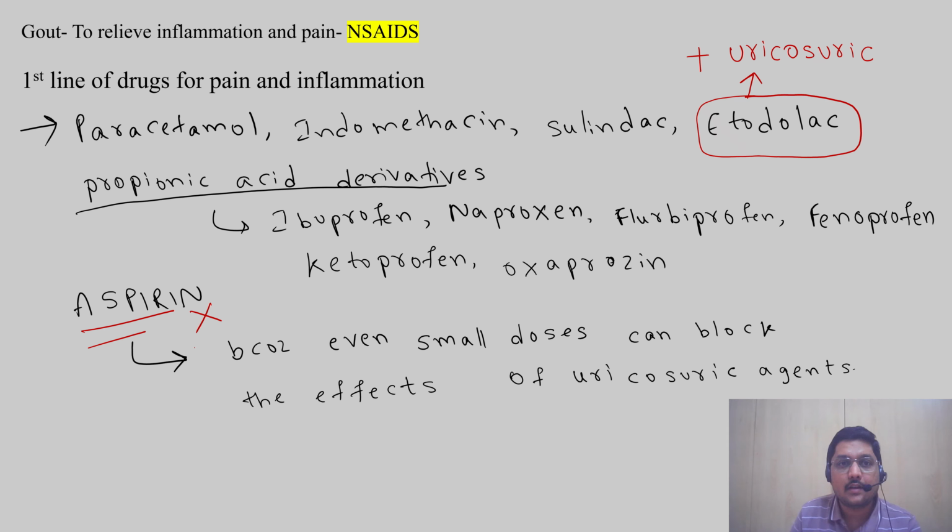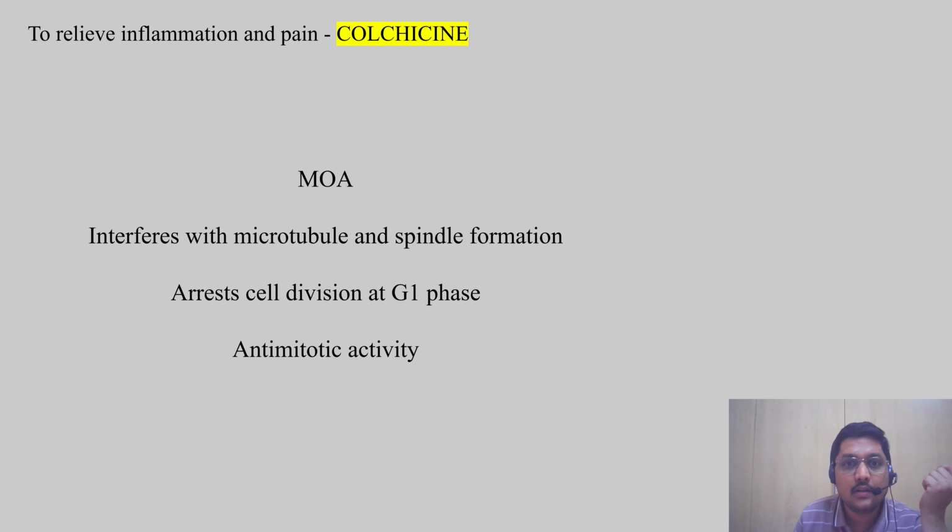What is the next line of treatment for the relief of inflammation and pain? First line is NSAIDs, that's what we have said. First line of drugs for pain and inflammation is NSAID. What is the second line? Second line is colchicine.